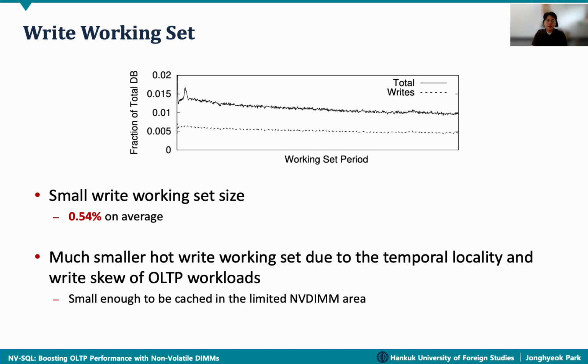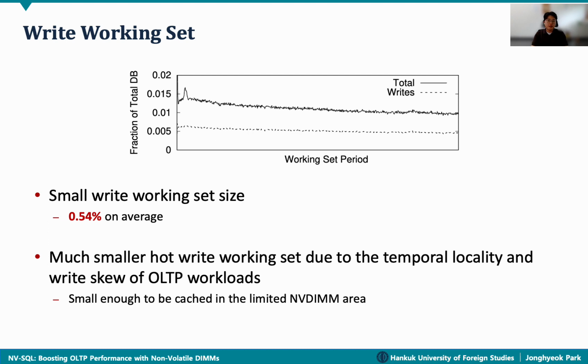To determine whether NVDIMM can be used as a cost-effective cache for OLTP workloads, we ran the TPC-C benchmark for 6 hours and measured the percentage of pages written at least once every 106 seconds. This figure shows the fraction of pages written more than once within this time window out of the total number of pages accessed in the same time window.